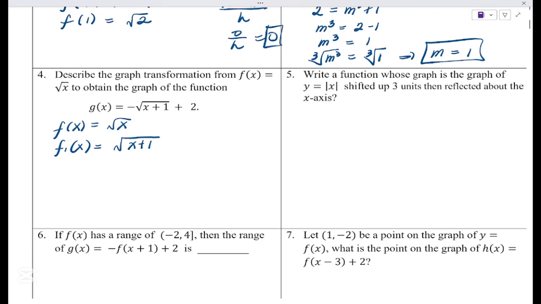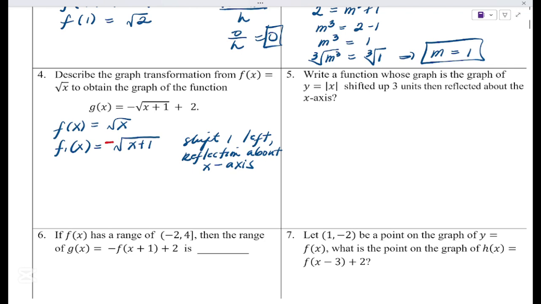So it means to say this is shift 1 left. And then after that, we can multiply this square root of x plus 1 by a negative. So let's multiply a negative here. Then, after shifting 1 left, this is a reflection about, since it's multiplied in the y value, so it is a reflection about the x-axis.